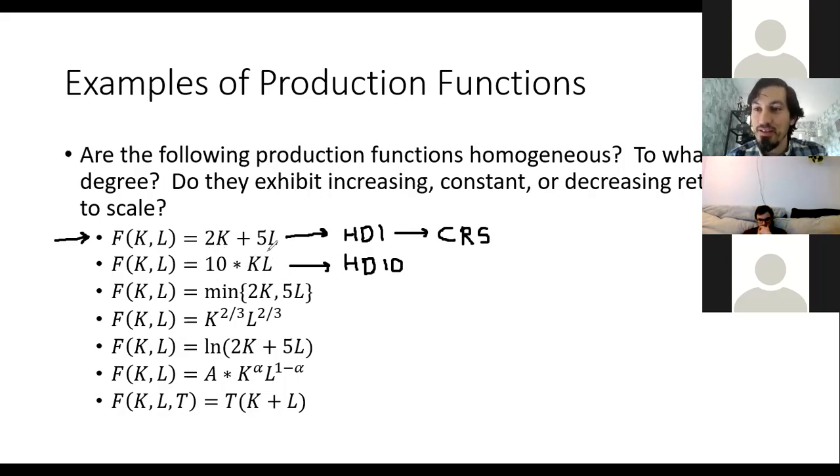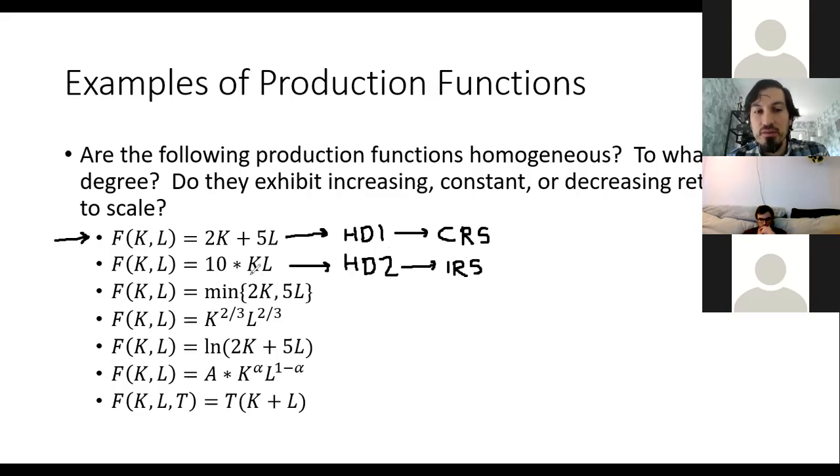I happen to know what 2 to the 10th power is. Thank you for guessing, I really appreciate you saying something. But it's not HD10. It's HD2, which is increasing returns to scale.